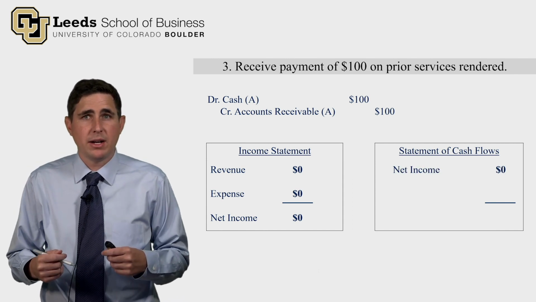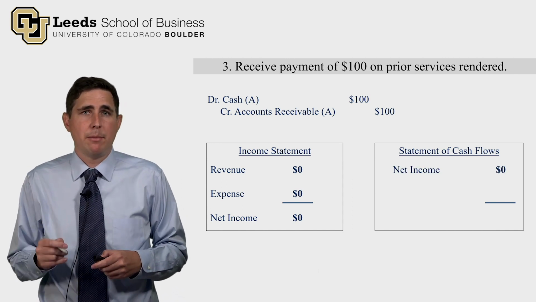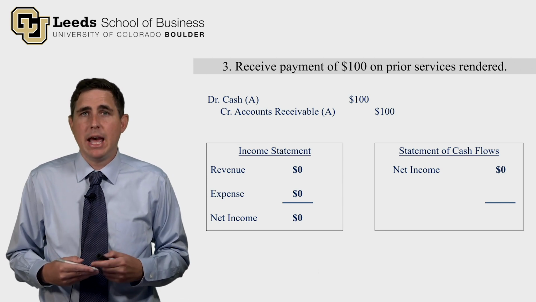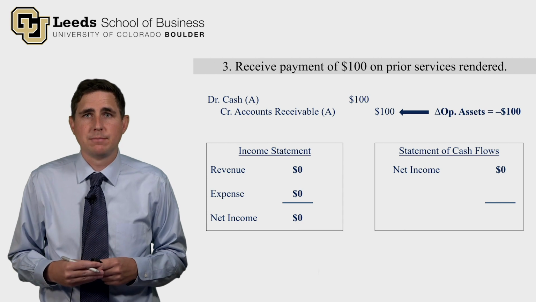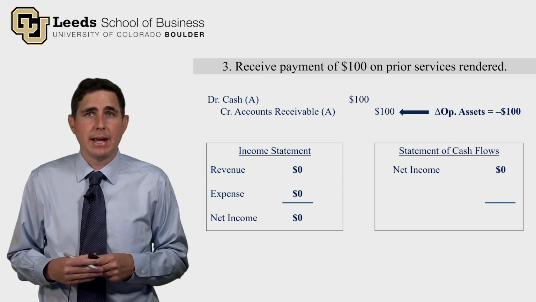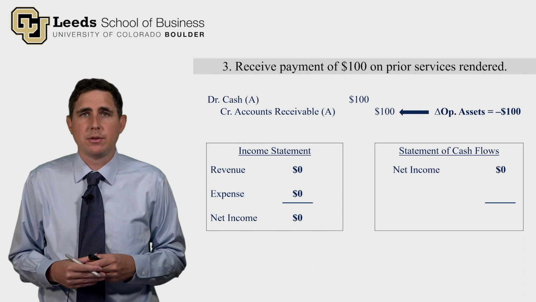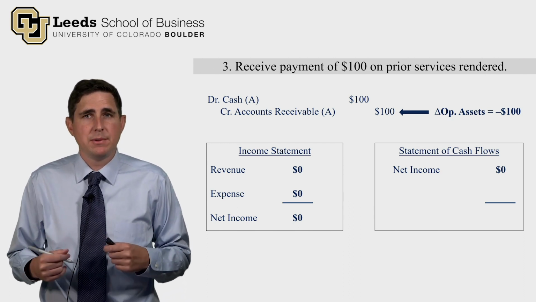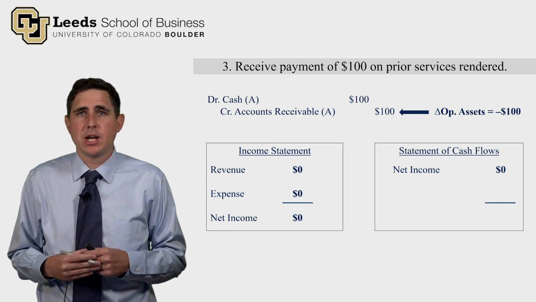We start with net income of 0. But remember, that accounts receivable account, that's a non-cash operating asset, and it went down by $100. So the change in operating assets is a minus $100. And recall again, what is one of the steps in our formula to arrive at operating cash flow?